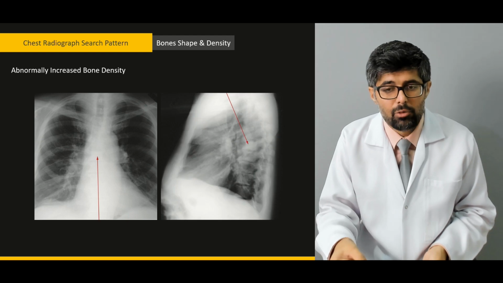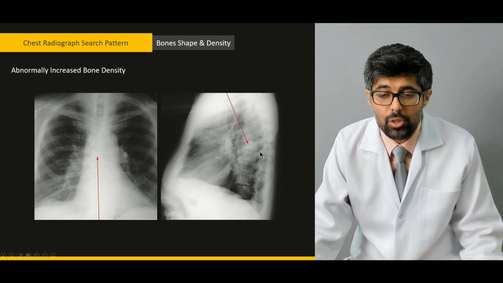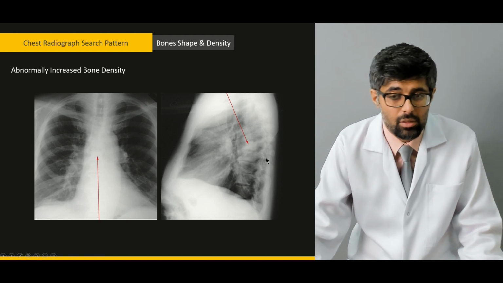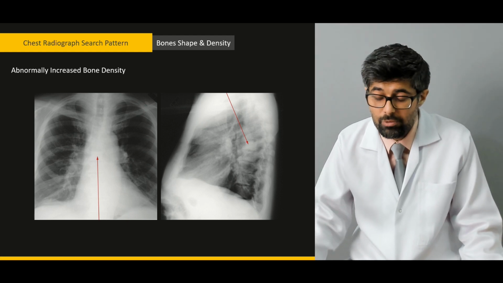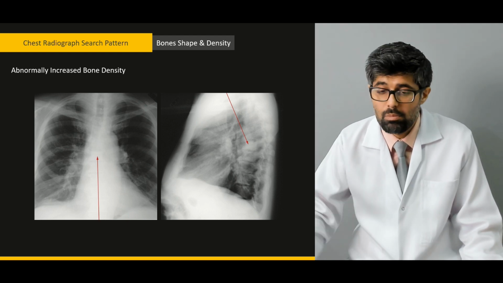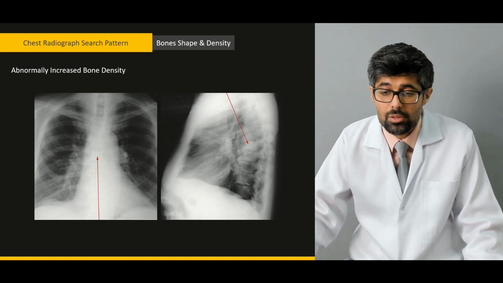In the second radiograph, the bone density is reduced, and this has to be investigated. It can be due to osteoporosis, that is with age. It can be due to hypocalcemia. It can be due to lack of vitamin D or hypoparathyroidism.